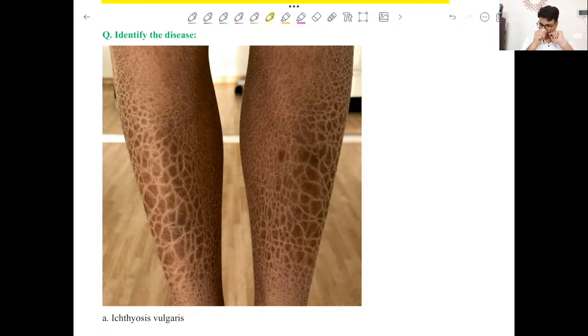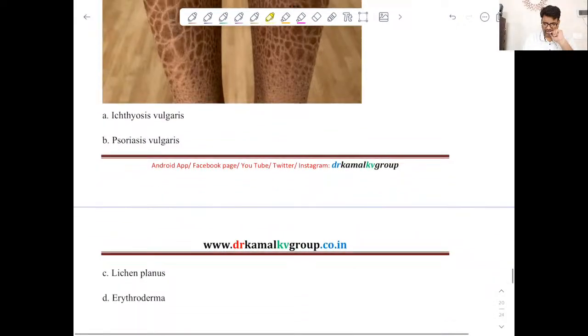What is this? This is a disorder of the stratum corneum actually, and quite easy to diagnose. The moment you see the image, you can straightforward label the case as a case of, yes. So what is this? Any idea?